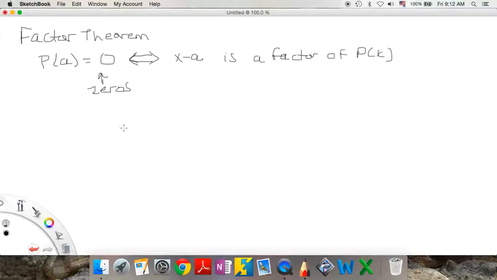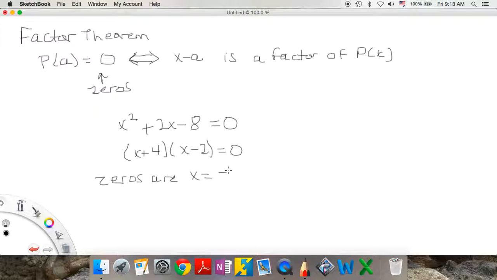And we know this with quadratics. For example, let's just do a simple quadratic one here. If we solve this equation, then we can factor this. And we know that these are the two factors of this polynomial. And we know that the zeros are x equals -4 and x equals 2.